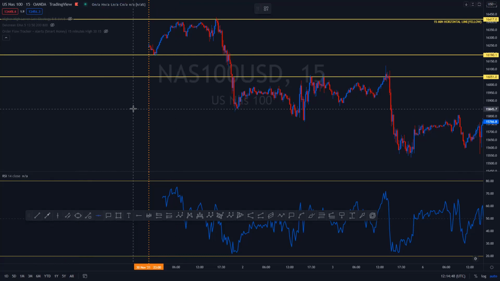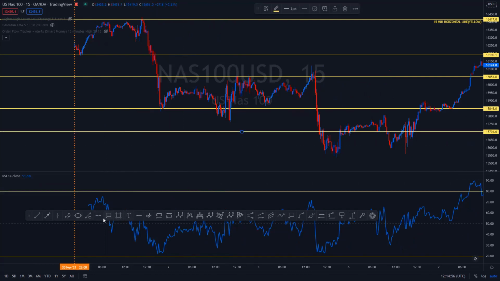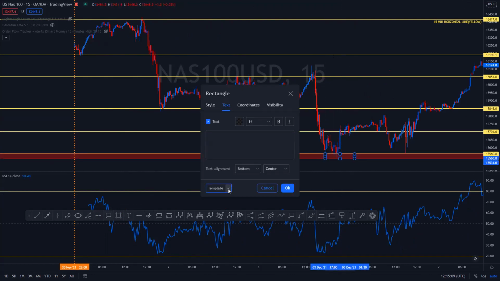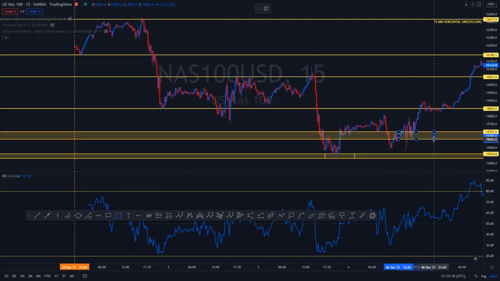So, just marking up horizontal lines, and then I'm going to draw zones right behind them, because it lets me know what price is hitting on these zones. And then also lets me know, because the banks are driving these prices, when is the best time to get into the market.